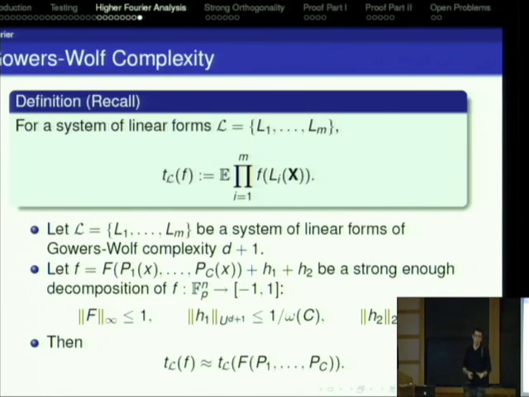That's exactly what this Gowers-Wolf complexity is. It allows us to remove these two error terms when we are looking at these averages.